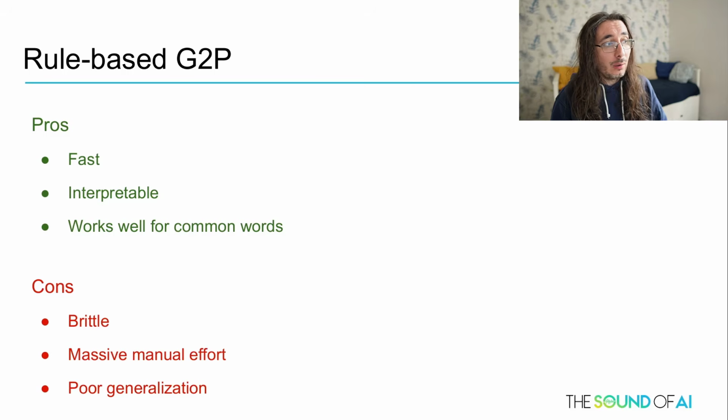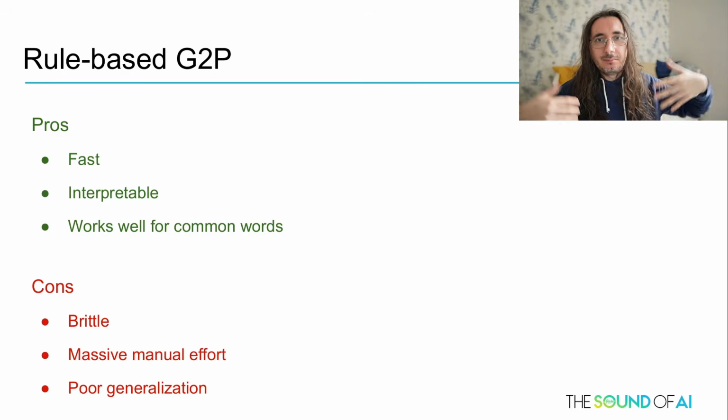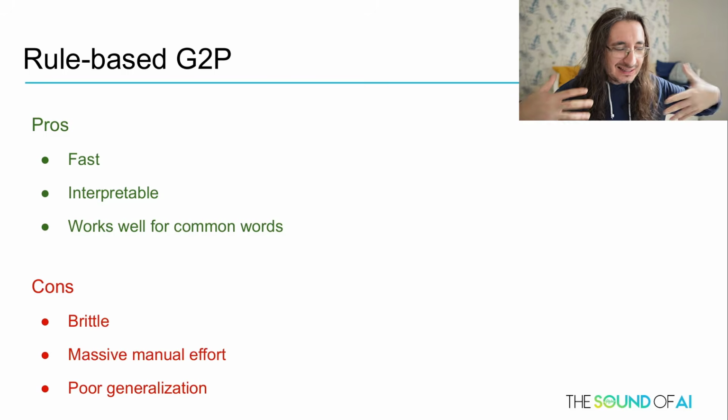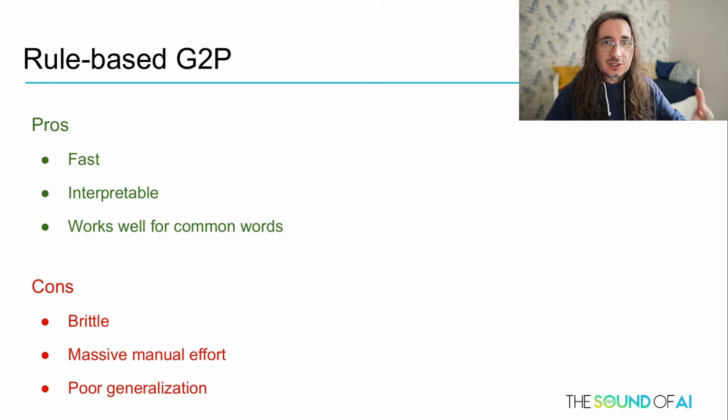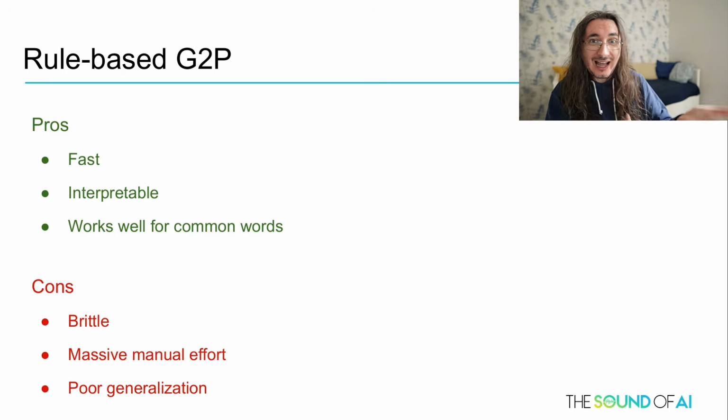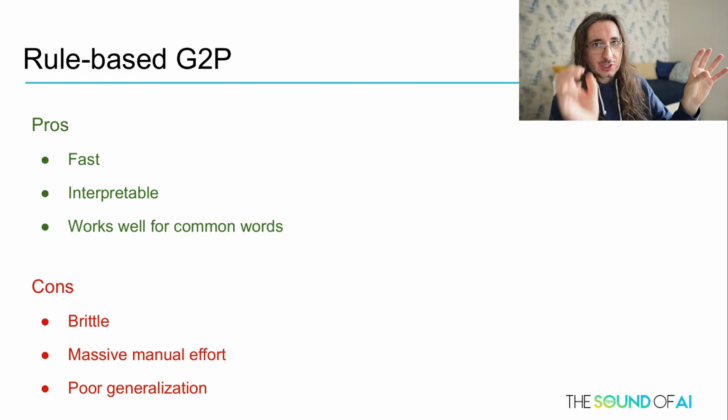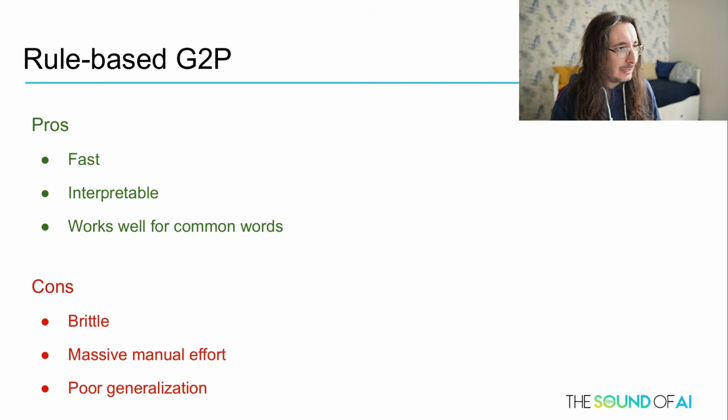But there are cons. The whole system is quite brittle. It's fragile. It also needs a massive manual effort in order to craft that dictionary, even though of course now we have a lot of these dictionaries already, but in principle it's a lot of work to transfer from grapheme to phoneme manually at first.